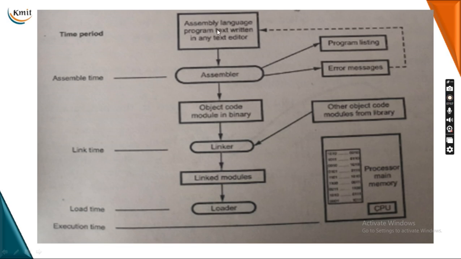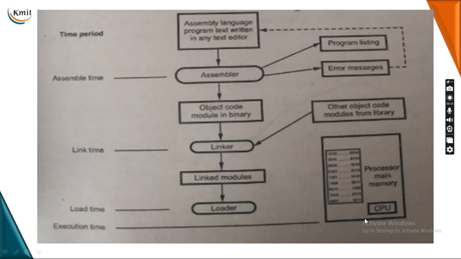First, the editor, writing the program in a text editor, then assembling the assembly language program and checking for errors. If there are no errors, it creates an object module which is in binary or machine level language, which is linked to other library modules to get linked modules, and the loader debugs the program and gives it to the processor.